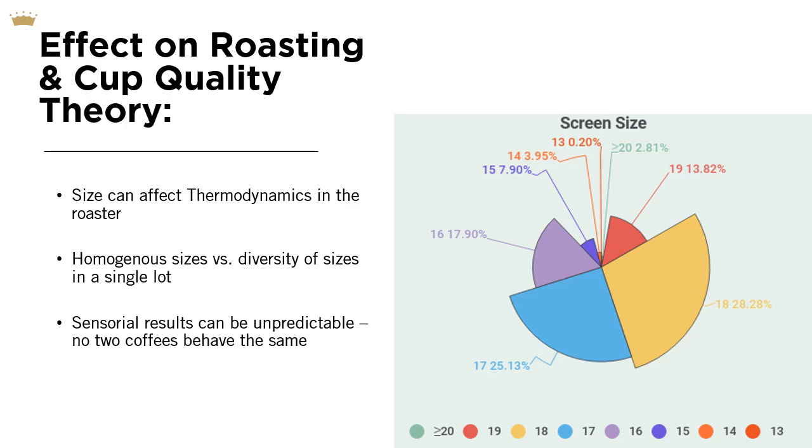I would say that one potential solution for a roaster, if you're looking for nothing other than homogeneous color at the end of the roast, would be to slow your roast down for coffees that are of wider screen size distributions. That'll allow for more time for development of those coffees to kind of catch up to the ones that are developing a little bit faster.